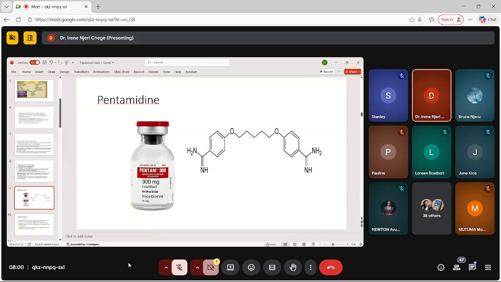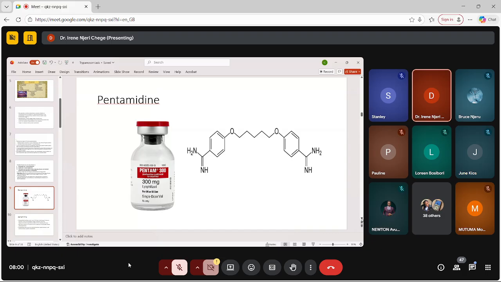Then we have the next drug, suramin, and we have already said something very specific about it. Again, it's for early stage disease, and this one is for East African trypanosomiasis, caused by Trypanosoma brucei rhodesiense. It is the first line therapy for early hemolymphatic East African trypanosomiasis.